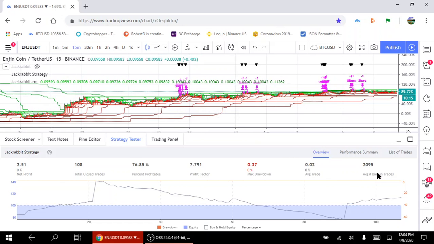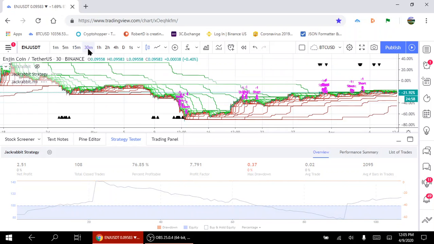Now you can figure out how long by taking your number of bars per trade and multiplying it by your time frame, roughly what we're looking at for total period of time. Okay, let's go up to the 30 minutes.